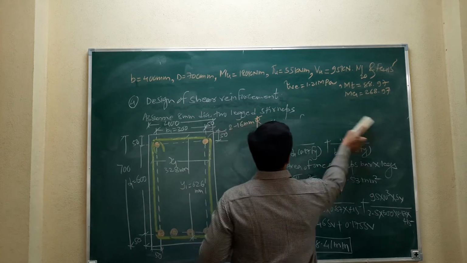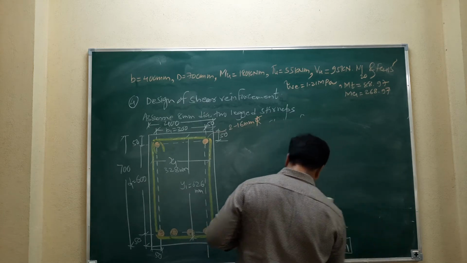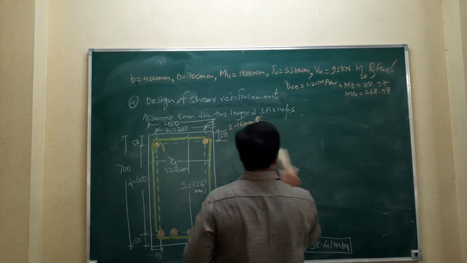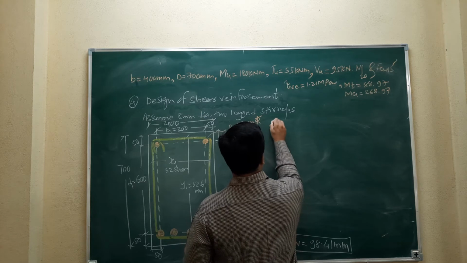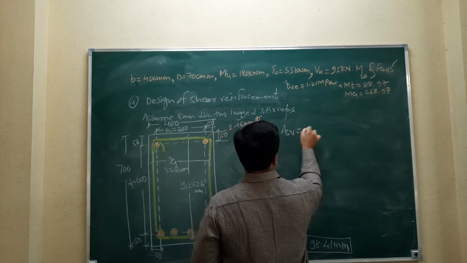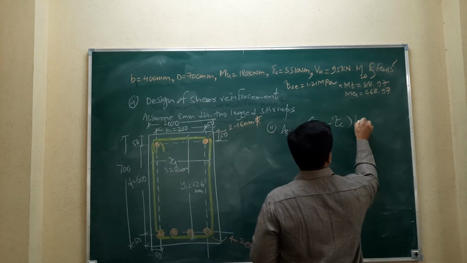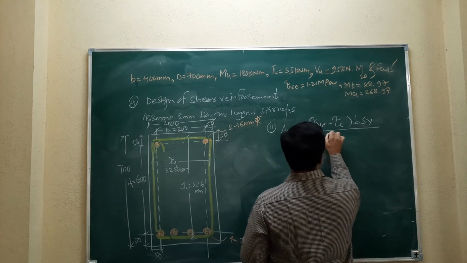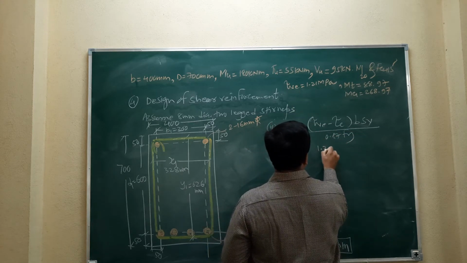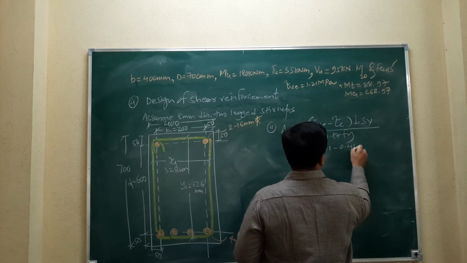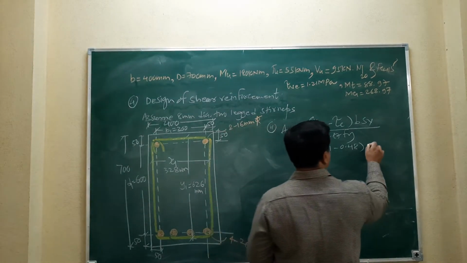Now, what is the spacing considering the second formula? So the second formula is ASV is equal to tau V minus tau C into SV divided by 0.87 Fy. You know the value of tau V is 1.21 minus 0.48. We have the value of tau C is 0.48.